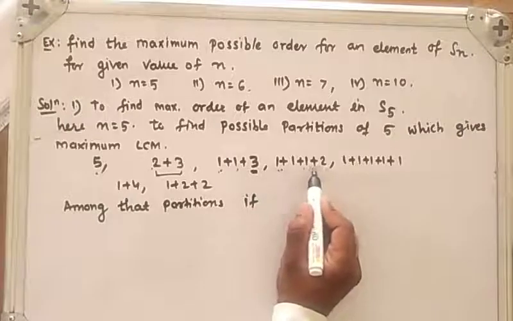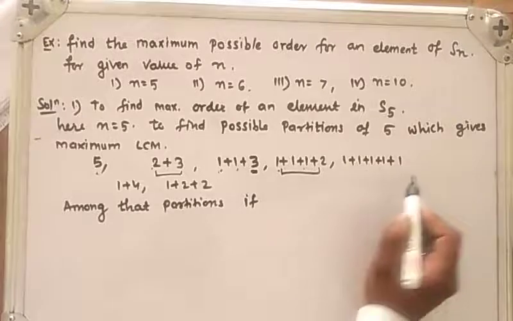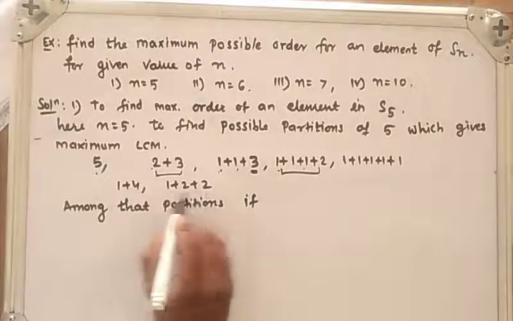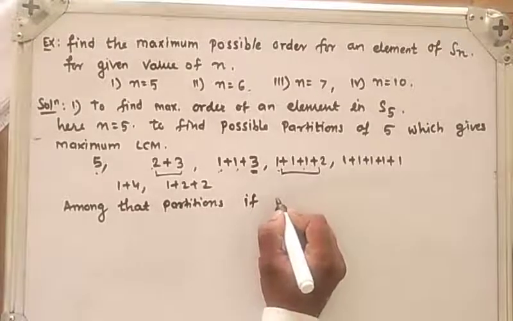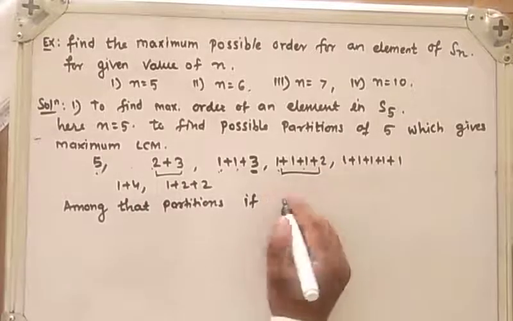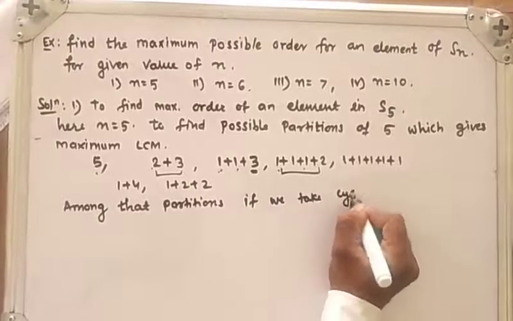Then 1 plus 1 plus 1, so the LCM of these two numbers will be 2. Here 1 plus 1 plus 1 plus 1 gives LCM 1, this gives LCM 4, and this gives LCM 2.